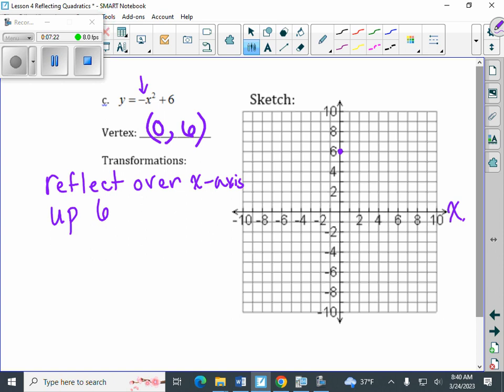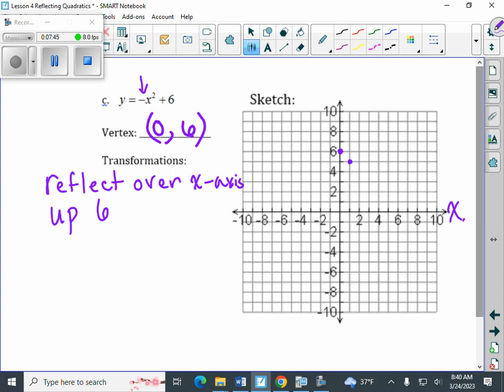Reflect. Take your hand and flip it. I know you can't see it on the video, but take your hand and flip it, because reflecting over the x-axis turns this graph upside down. So the normal pattern is 1 space to the right and 1 up, but we're going to flip it. So it's going to be 1 space to the right and 1 down.